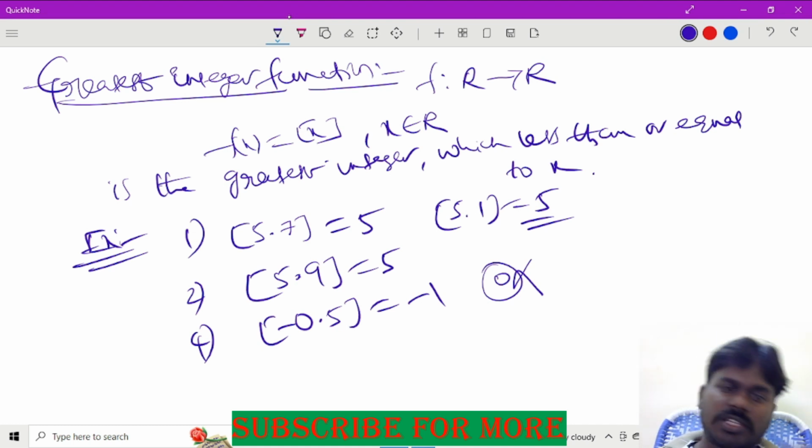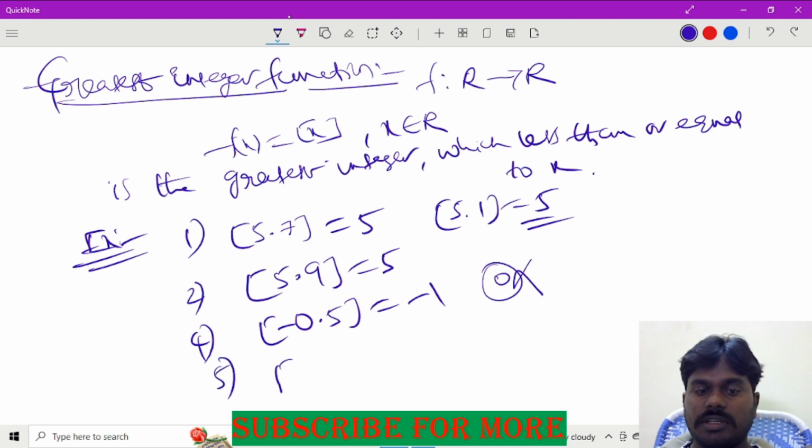That integer must be less than this minus 0.5. So minus 1. The value which is in the bracket is greater, but the output becomes the smallest or the equal number to the value.